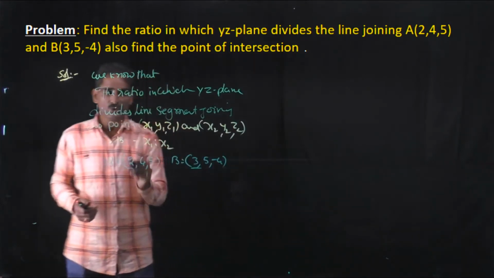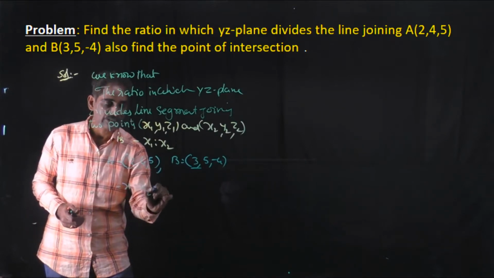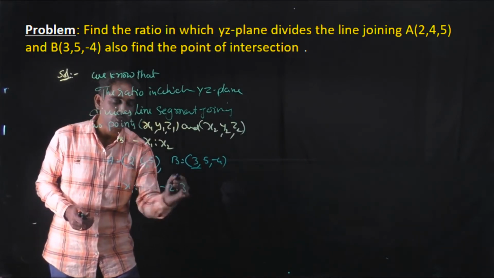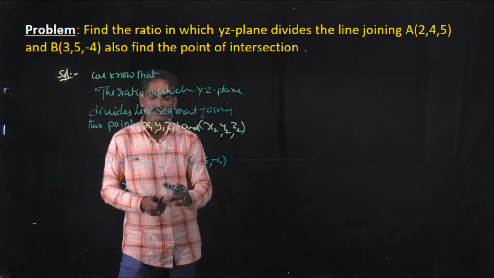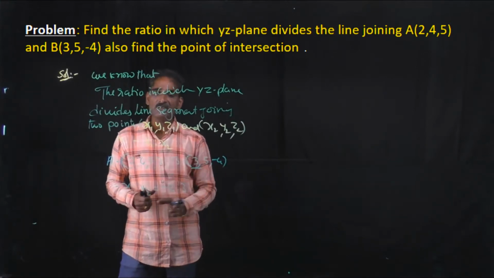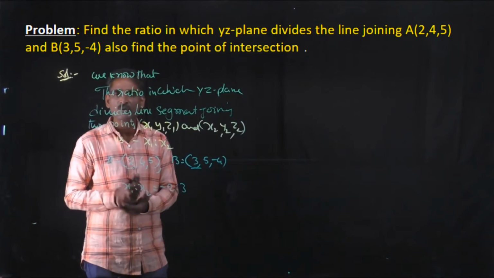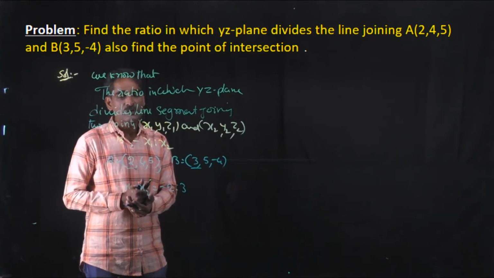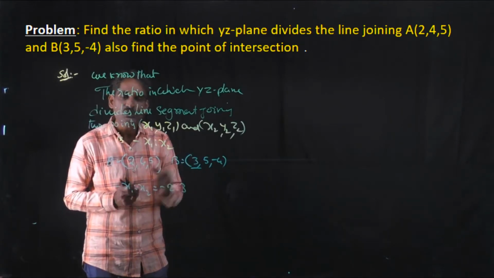Here the ratio minus x1 is to x2 is equal to minus 2 is to 3. Understand? Here the YZ plane divides the given two points in the ratio minus 2 is to 3. That means the YZ plane divides the given two points externally in the ratio 2 is to 3.